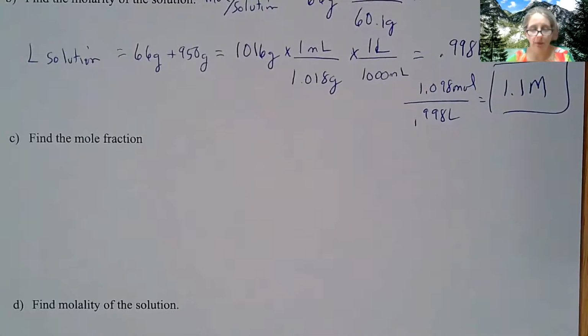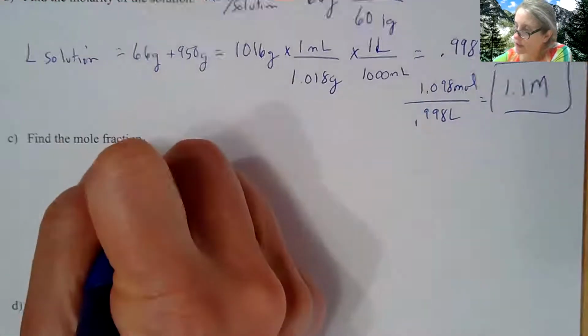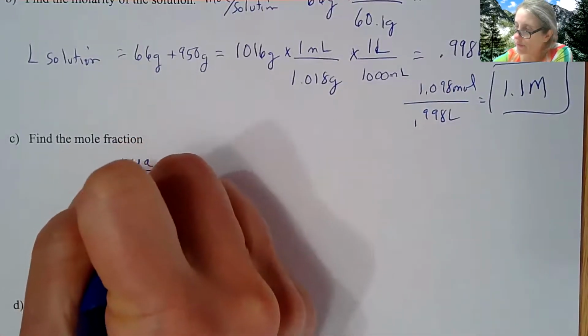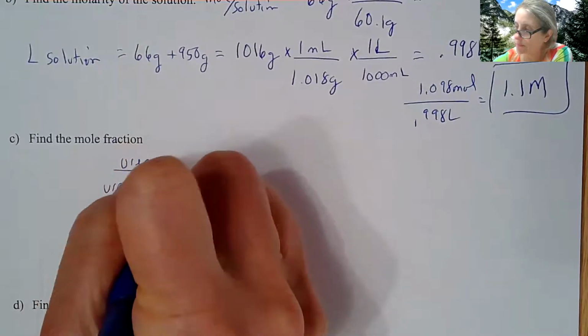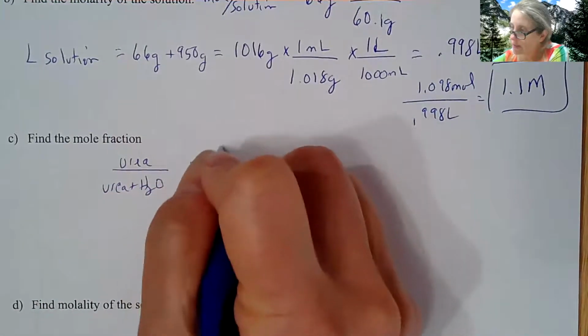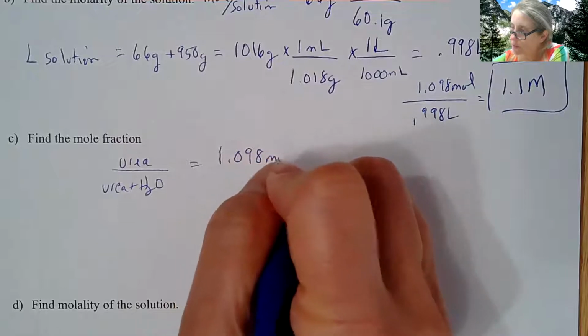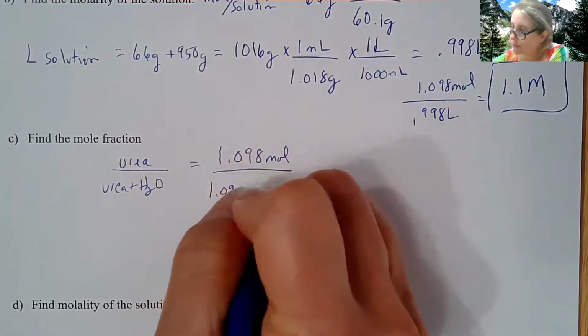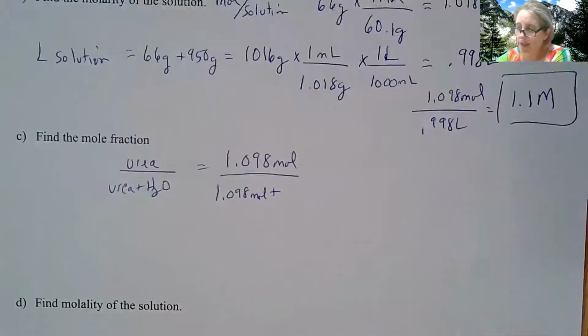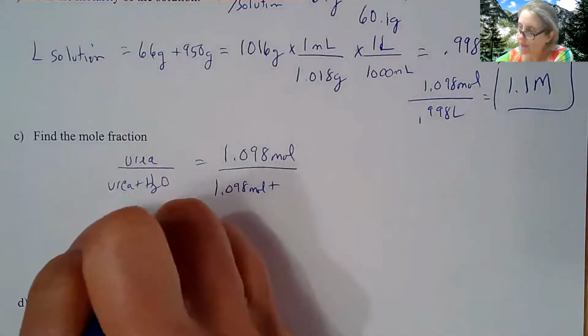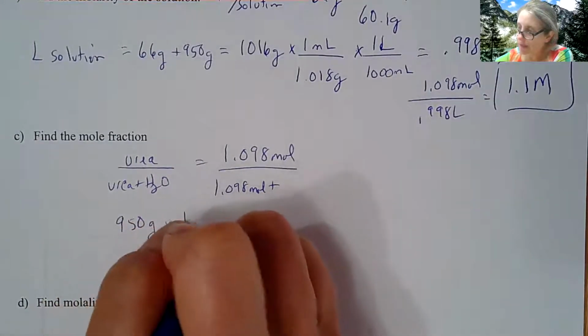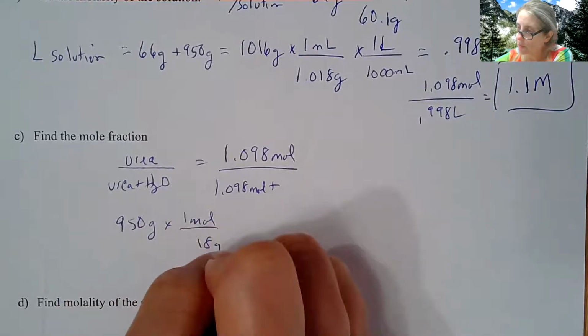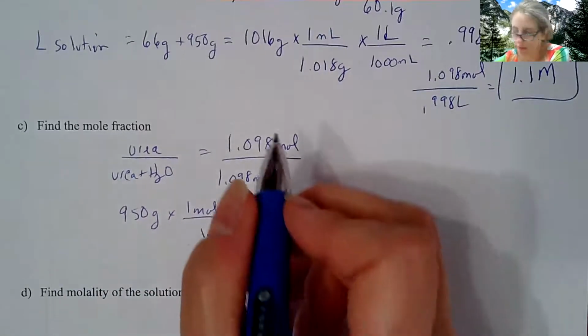All right, what is the mole fraction? So this is looking at urea over urea plus water. So this is going to be 1.098 moles of urea over 1.098 moles plus the moles of water. Well, how many moles of water do you have? So you have to do that calculation. Again, we've done this before in terms of finding moles, so that's not a big deal.